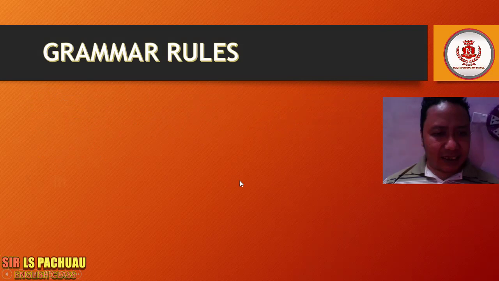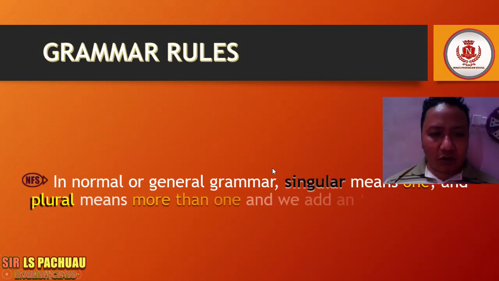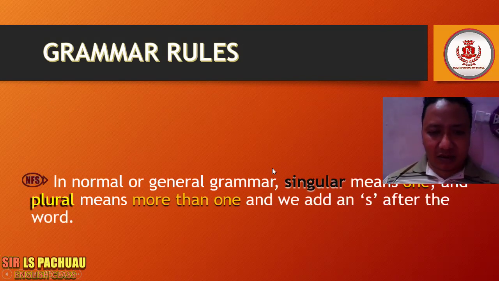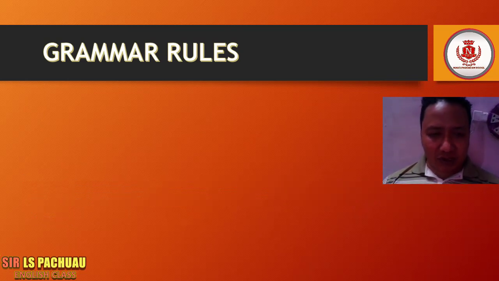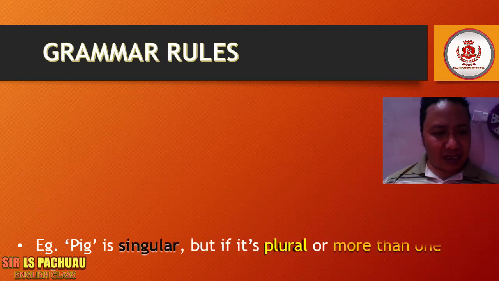The next is normal or general grammar. Singular means one and plural means more than one, and we add an s after the word. When we say plural in grammar, we add an s after the word. For example, let's see.